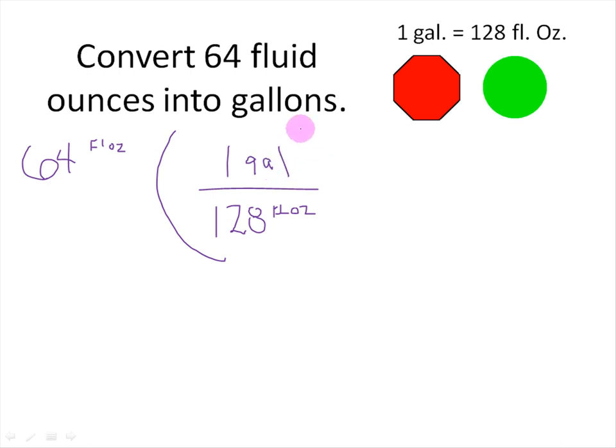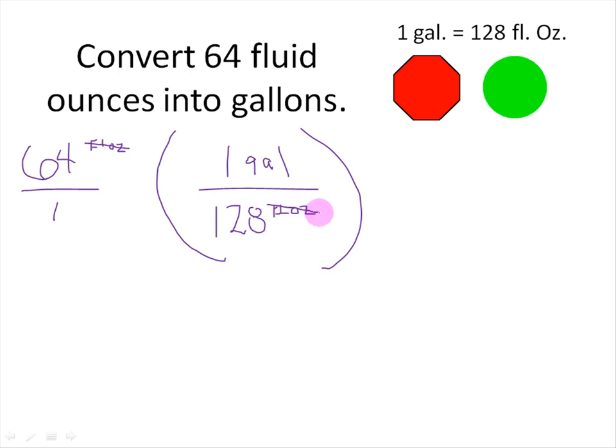That's our numerator. Just because I'm multiplying a fraction times a fraction, I'm just going to stick that over 1. Pretty soon you're going to see that this isn't really necessary. I do that there just not to confuse you, but after a while you'll get to where you won't need that. So now I have 64 fluid ounces times the number 1. 1 gallon equals 128 fluid ounces. And so I have fluid ounces in my numerator, and I have fluid ounces in my denominator.